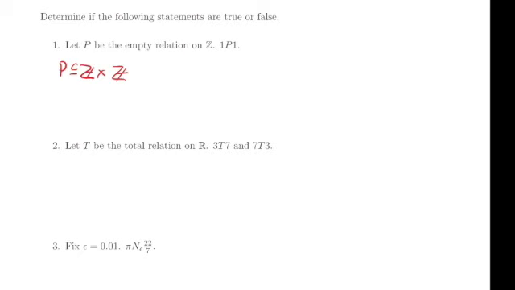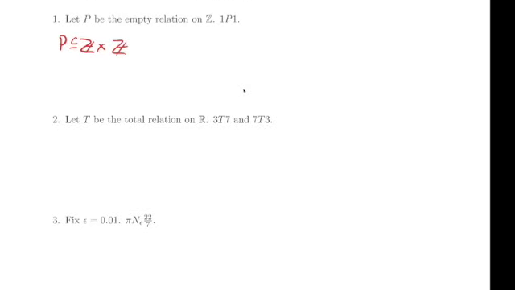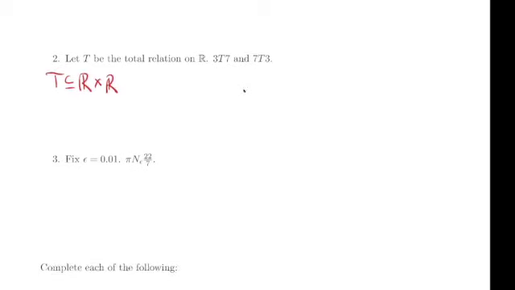I think I've got this quiz so that they're all going to be asked at once. Over here, we're going to define the total relation on R. And over there, we're going to define this nearness relation on the real numbers, where we pick an epsilon value of 0.01.